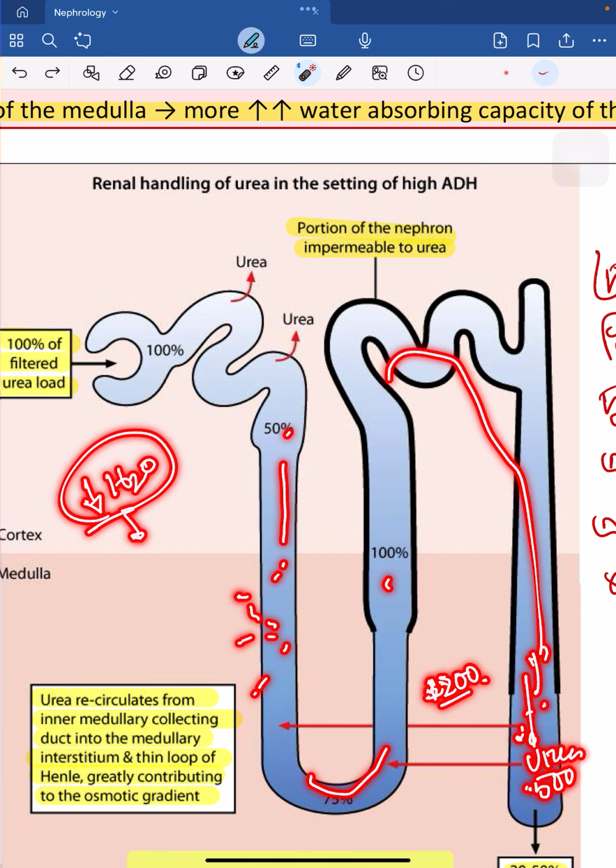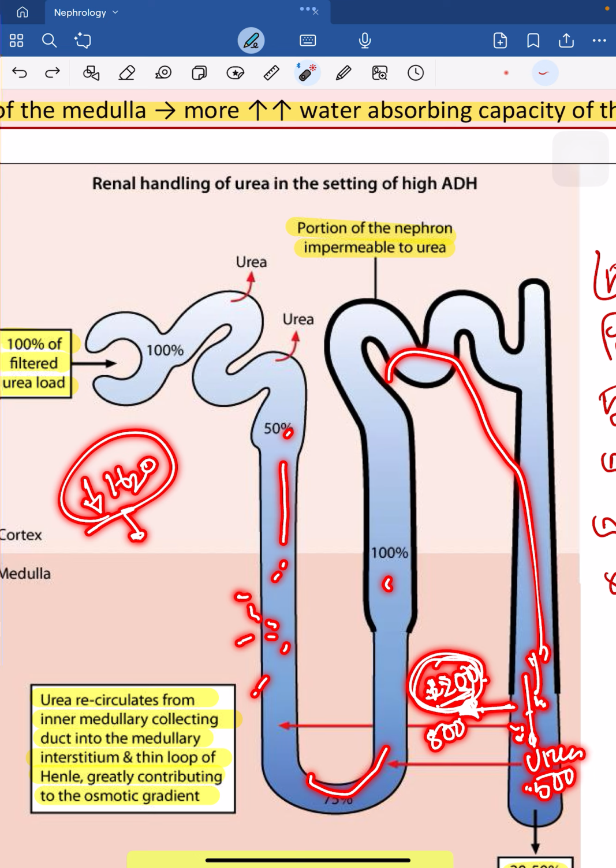So this high osmolarity area draws water out, and the osmolarity here comes to around 800 as it draws water.